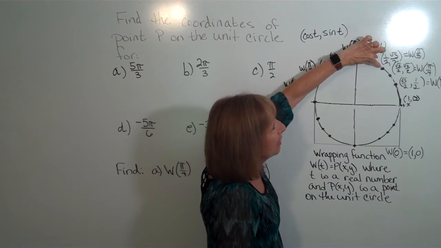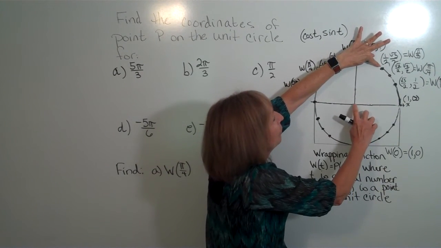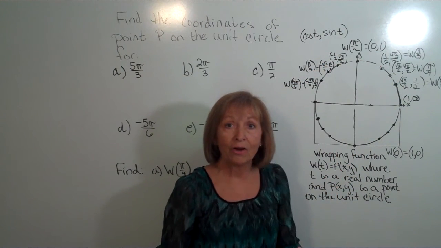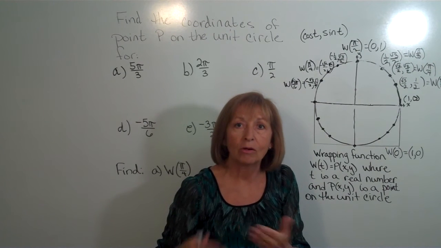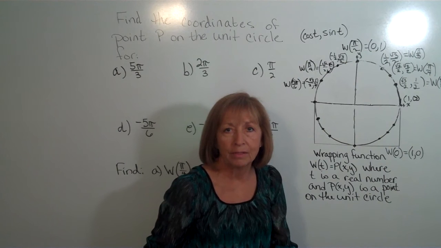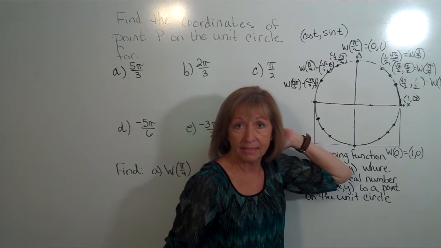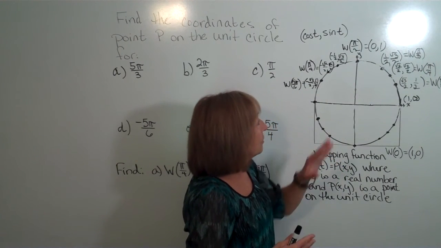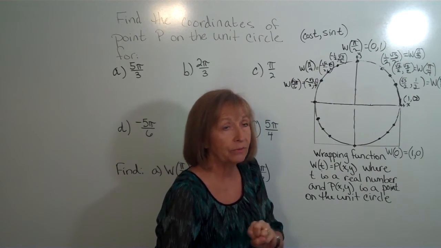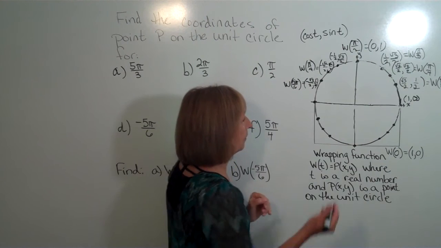To get to the pi over 3 dot, I have to go over a little bit, but up a lot. So there, my x-coordinate's got to be the smaller of the two. My x-coordinate's going to be 1/2, and my y-coordinate's going to be the square root of 3 over 2 for all of the reference angles that have over 3's. So that can really help you figure out, when you take your reference angle and then you take your information from the first quadrant, it can get you the rest of the way through.